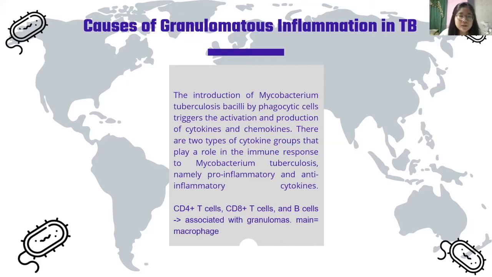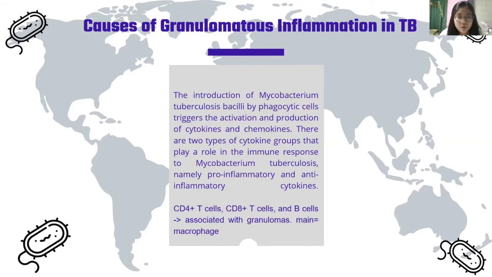by phagocytic cells triggers the activation and production of cytokines and chemokines. There are two types of cytokine groups that play a role in the immune response to tuberculosis, namely pro-inflammatory and anti-inflammatory cytokines.